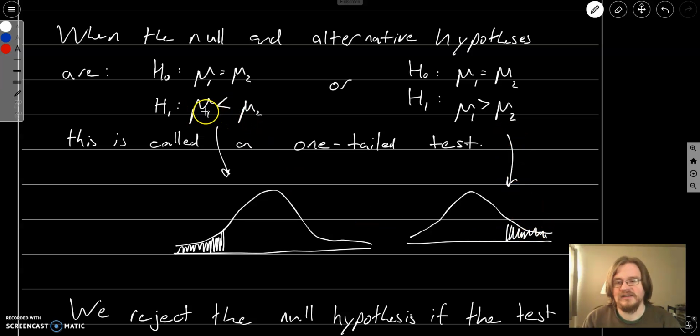We're seeing, okay, is mean 1 so much less than mean 2 that it seems unusual, and it would be at the far end of the spectrum, or vice versa.